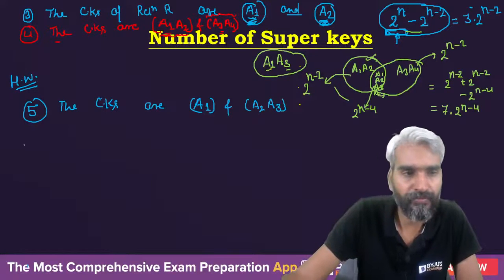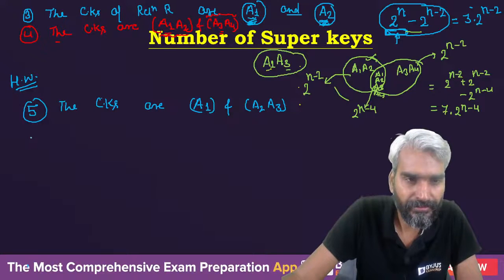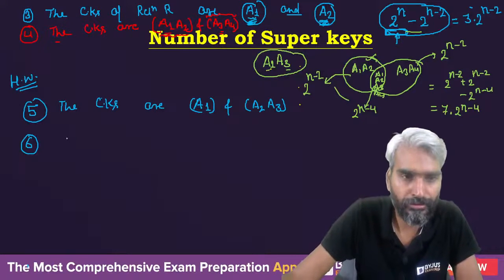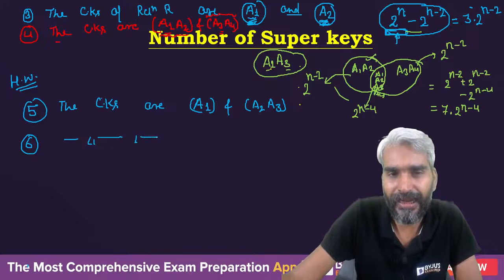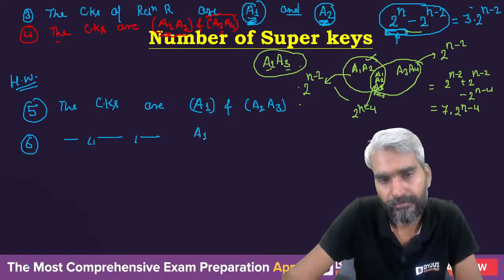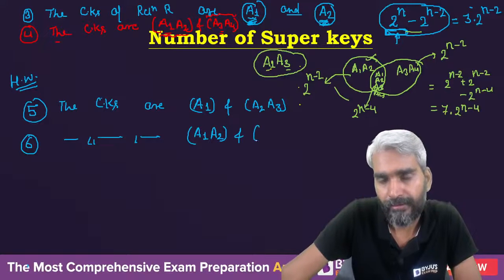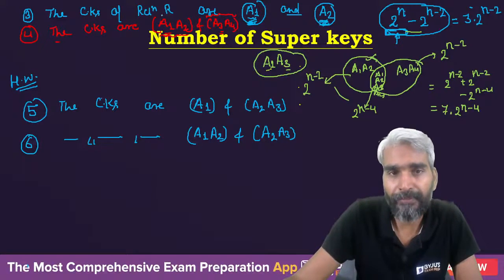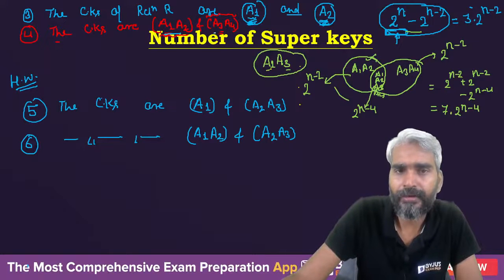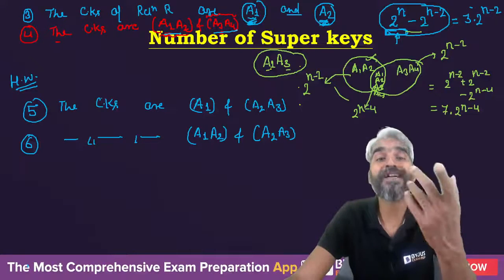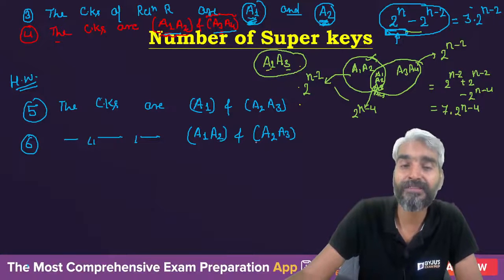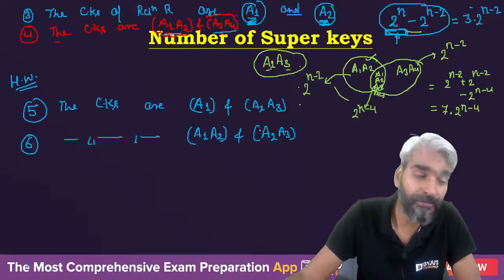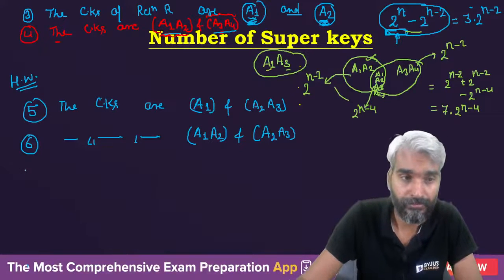Just for the sake of understanding whether you have understood the concept or not, the candidate keys are A1, A2 and A2, A3. There's a difference. In the earlier example, A1, A2 and A3, A4 were two disjoint sets. But in this case, A1, A2 is one set, A2, A3 is one set. There's something common between these two.